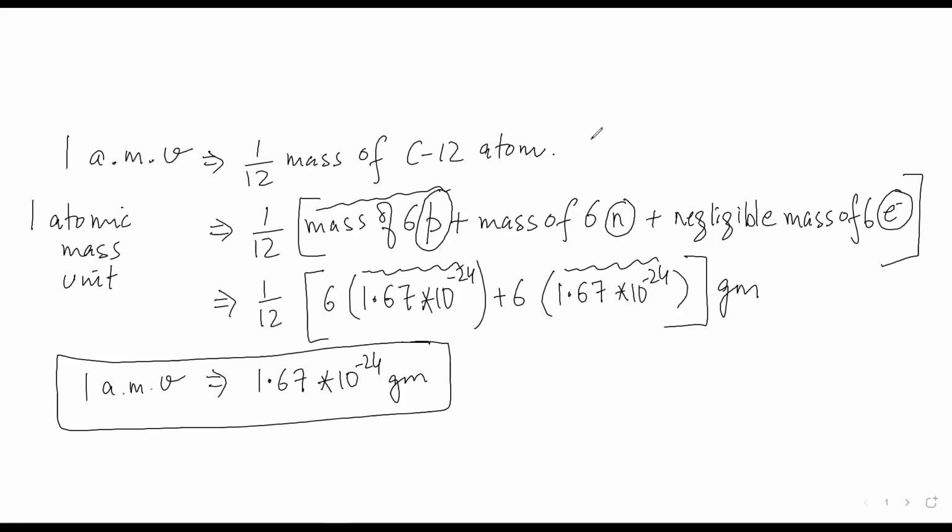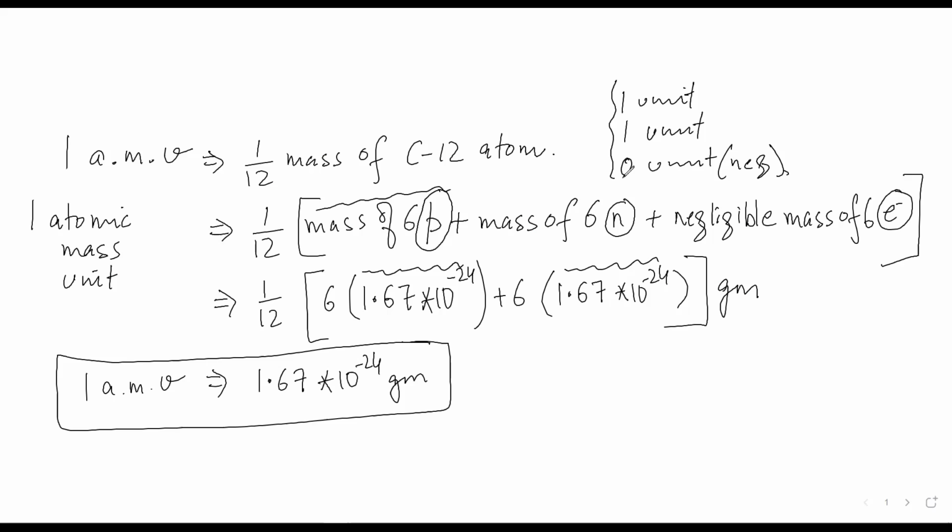But if you remember your previous classes, usually what we say is that the mass of proton is 1 unit, the mass of neutron is 1 unit, and the mass of electron is zero, negligible. Are we clear till here?